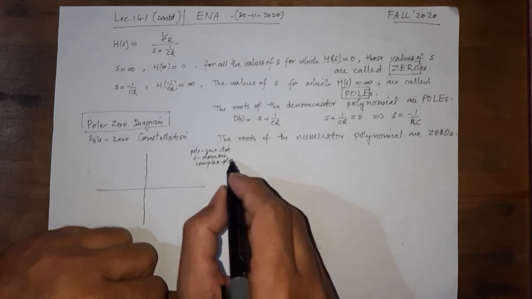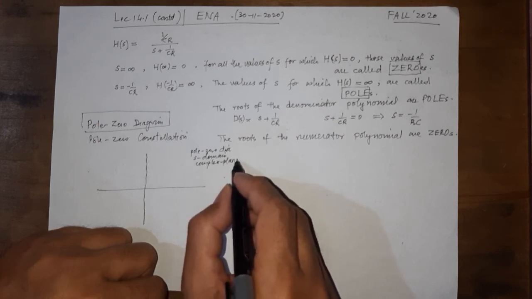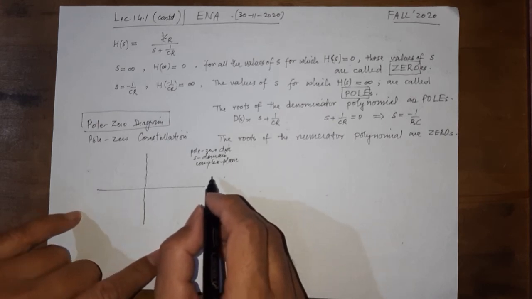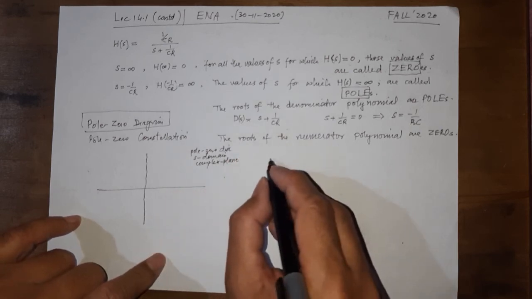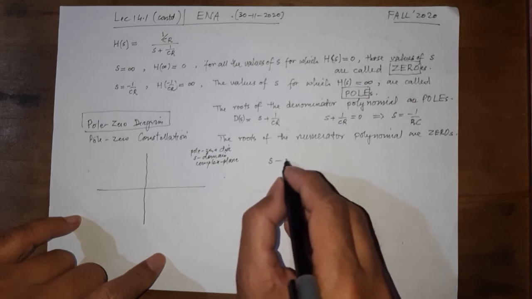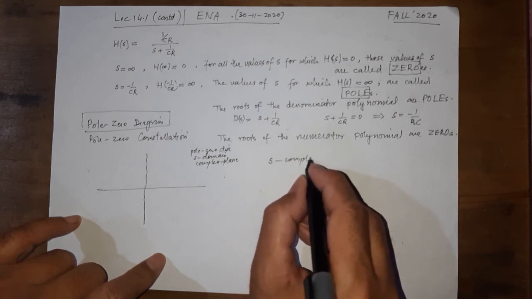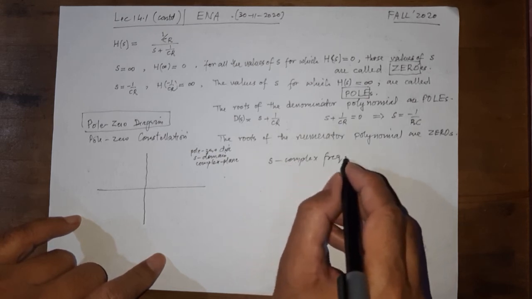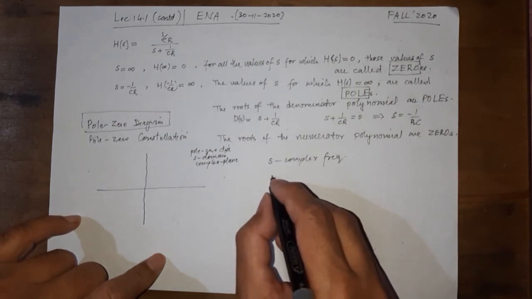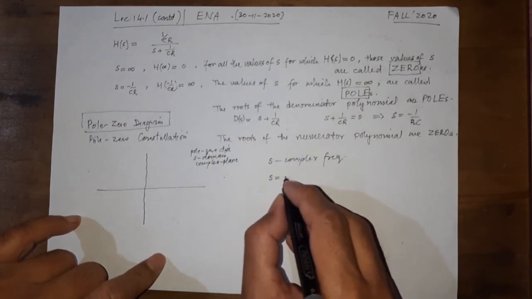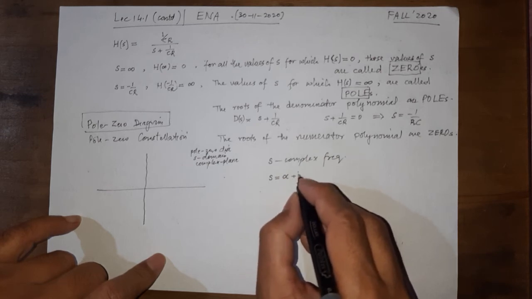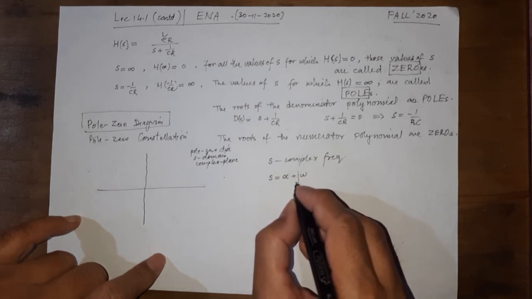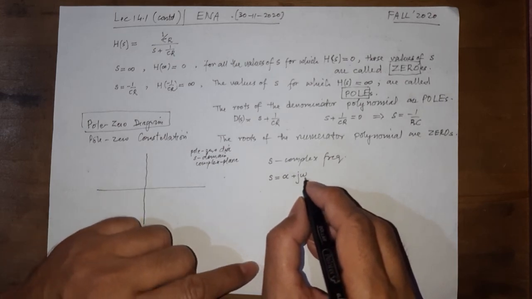We already are familiar with the complex plane, and I might have given this hint to you somewhere that this S is a complex frequency, and it is usually written in this way, where the real part is some alpha and the imaginary part is the radian frequency.